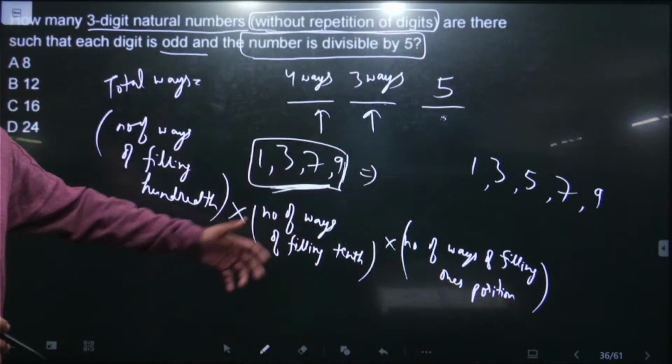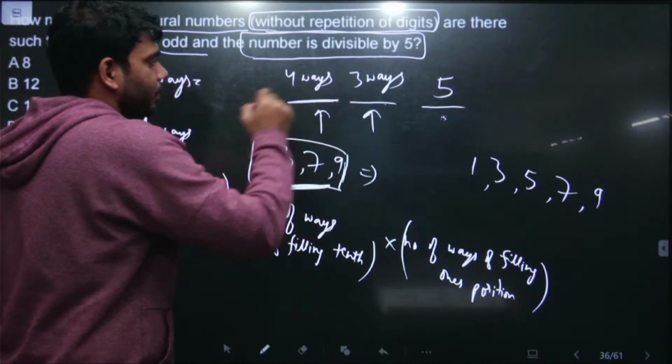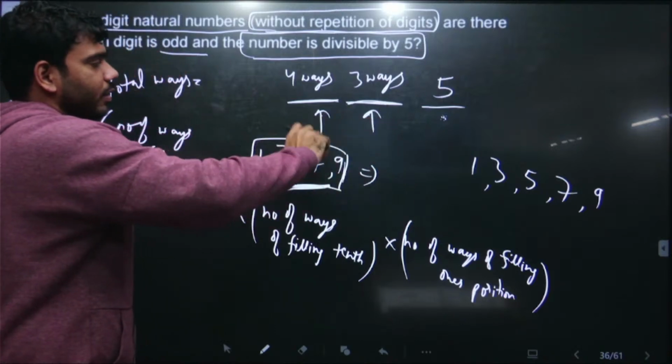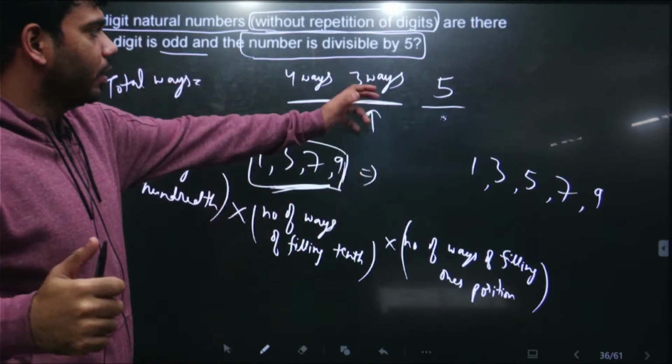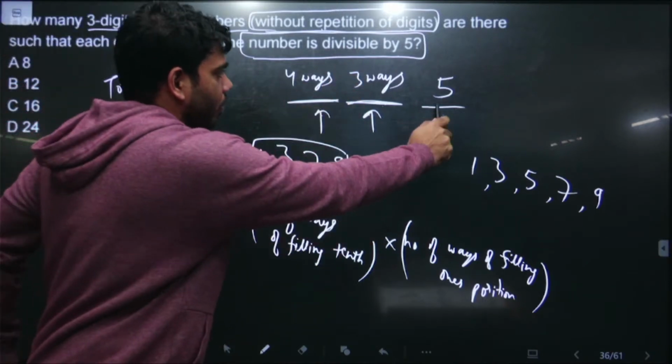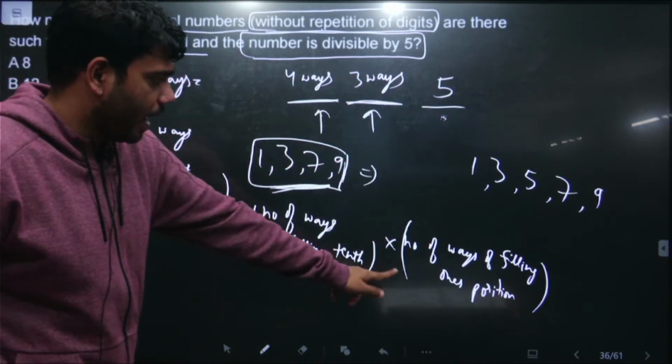Right, and here it is multiplication, because every single possibility of selecting this one digit and every single possibility of selecting this other digit, the total number of numbers that will be formed will always be unique. So that's why there is multiplication between them.